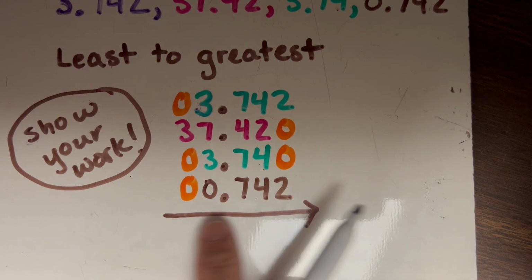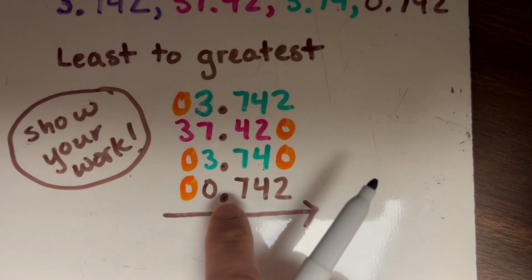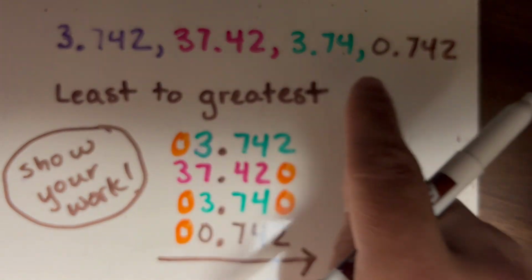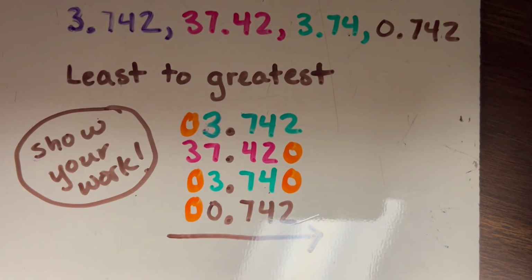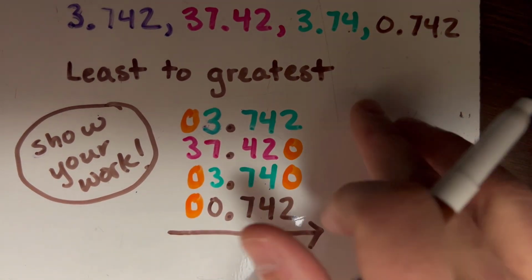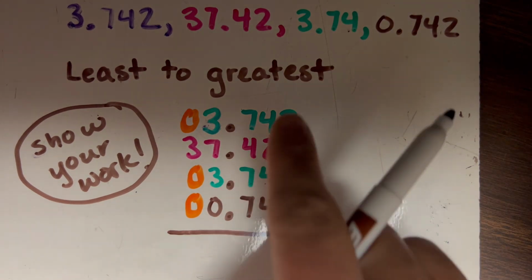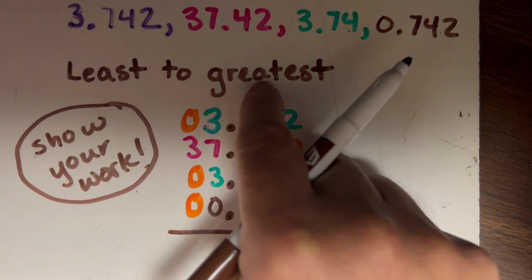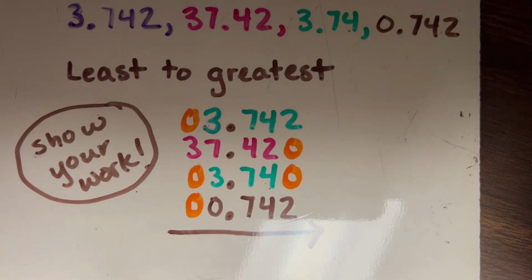So I drew an arrow because I'm going to go from greatest to least in terms of place value. But when I write these numbers in the correct order, I need to make sure the smallest one goes first. So I'm just going to make some notes on the right here and rank them, because it's easier to find the greatest first, since when we go from greatest place value, that's the one we're going to see first.